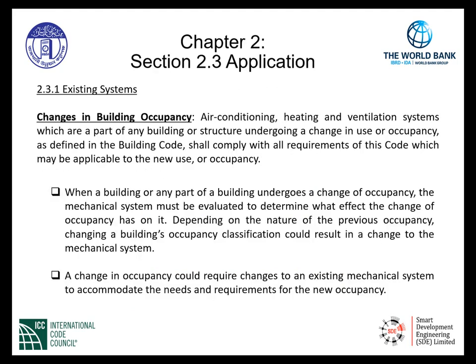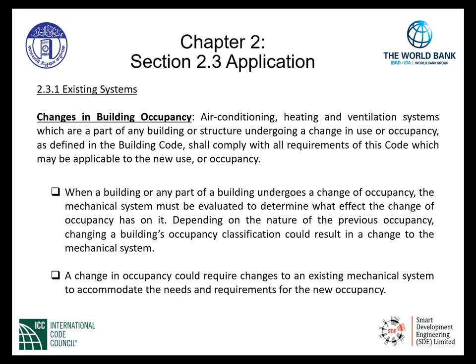Changes in building occupancy. Air conditioning, heating, and ventilation systems, which are part of any building or structure undergoing a change in use or occupancy, as defined in the building code, shall comply with all requirements of this code which may be applicable to the new use or occupancy.